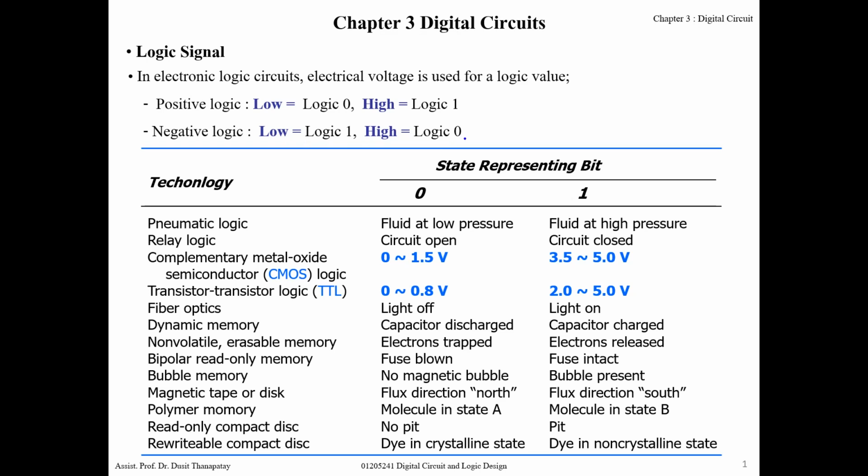For high and low voltage levels, normally maybe 0 volt for logic low and 5 for logic high. But as you already know, the voltage level for low and high is not only 0 volt and 5 volt respectively, but there's some range.